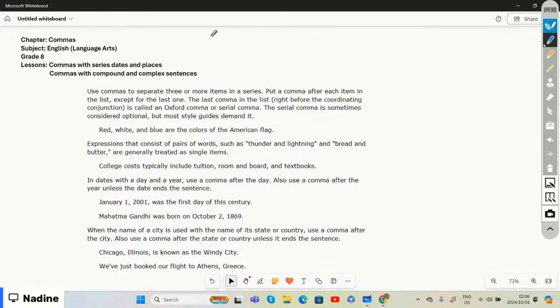If you're only going to say that I like apples and pears, then we don't add our comma because, okay, you like apples and you like pears. Done.